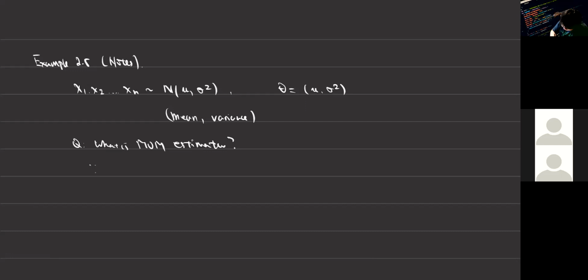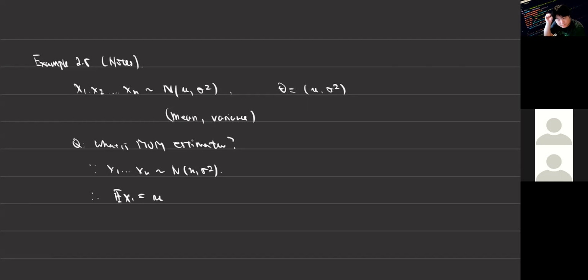Because our data come from normal mu, sigma squared, then the expectation of x, you can say x1, it's perfectly fine because they're independent. Notation-wise, you can say expectation of x or expectation of x1, each is fine, but let's stay with the textbook notation. So expectation of x1 is mu. It's the mean, right?